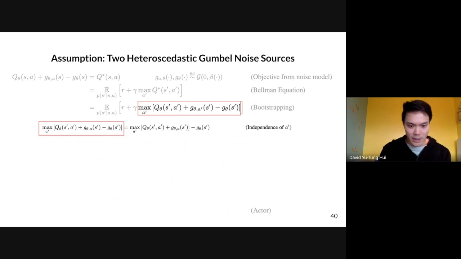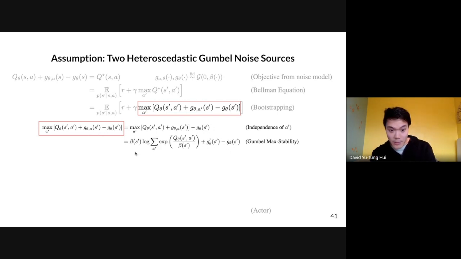So let's have a look at how that looks. Let's take this max operator. We note that this Gumbel noise source here is independent of A, so we can take it out of the maximization and just think about the first two terms.